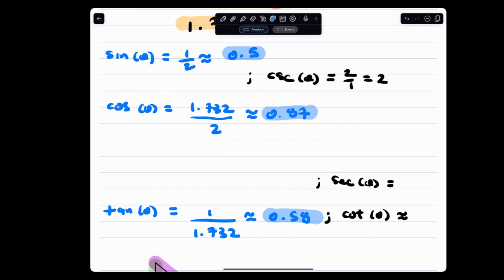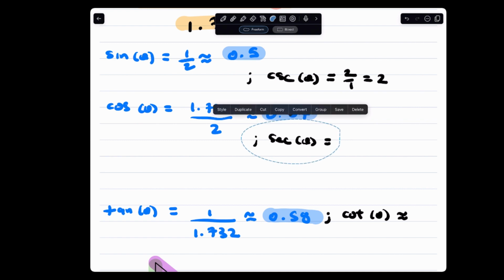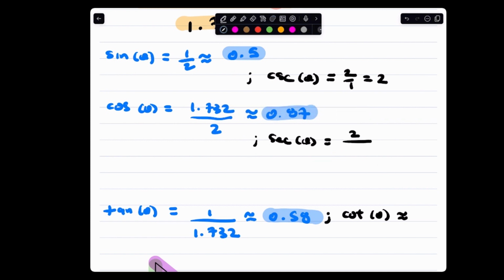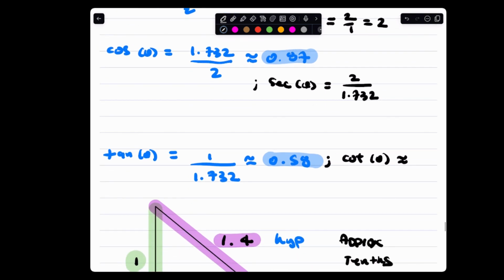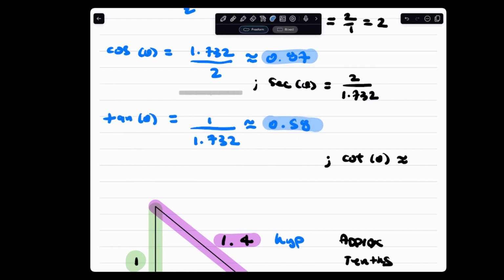Do you guys know? It's going to be 2 over 1.732. Is that right? Just flip the fraction over. And what about cotangent? Can I just flip the fraction over here too? Sure, this will be 1.732 divided by 1.